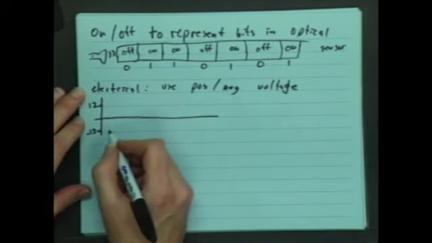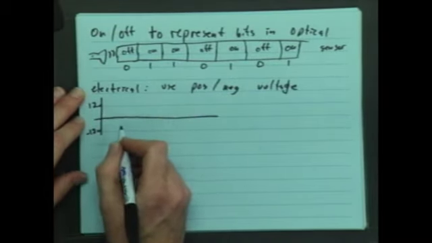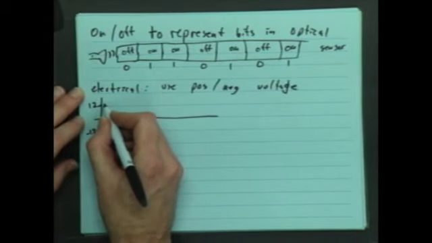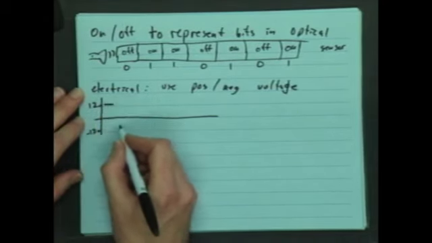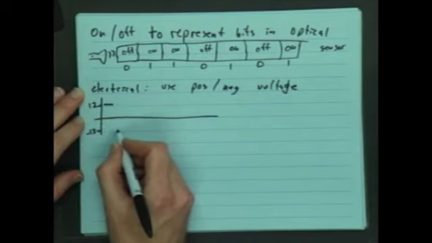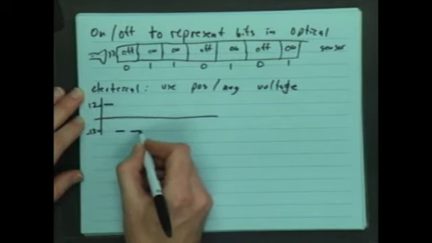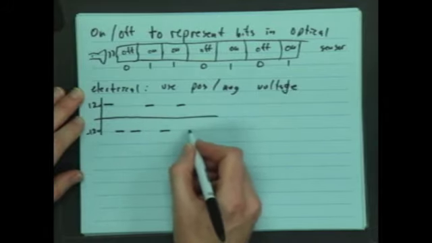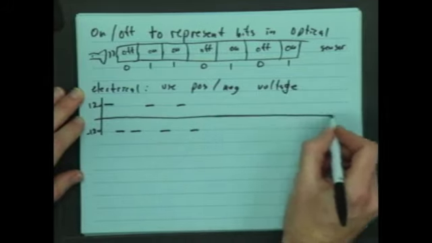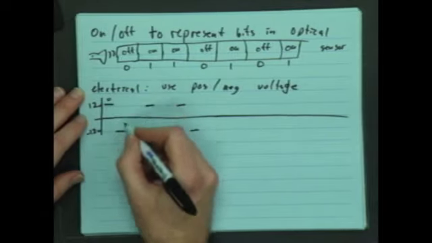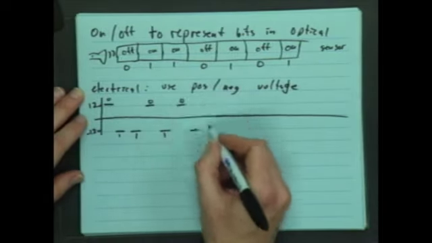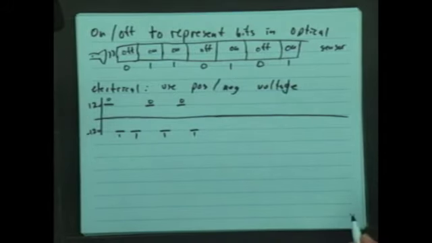If I want to send a 0, I'm going to send 12 volts. If I want to send a 1, I send minus 12 volts. So there's the same message on my copper cable. There's a 0, a 1, a 1, a 0, a 1, a 0, and a 1. Okay?